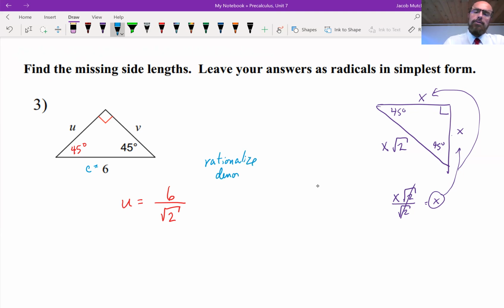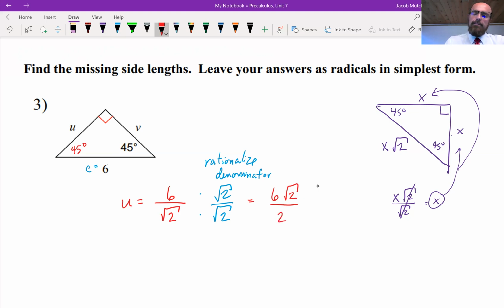And you can remember our strategy for that was very simple. I want to multiply by the square root of 2 divided by the square root of 2. So it's like I'm multiplying by 1, but what this will do is cancel that square root in the denominator. So what I've got is going to be 6 times the square root of 2, and then square root of 2 times square root of 2 is just 2.